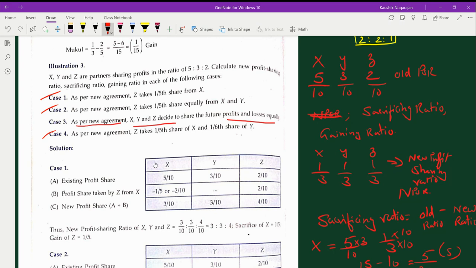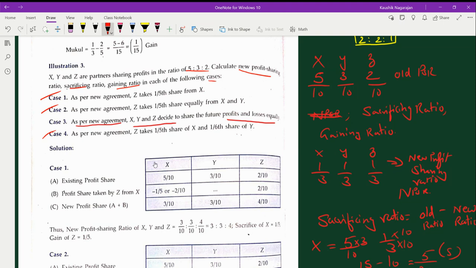There are three partners X, Y, and Z who are sharing the profits in the ratio of 5 is to 3 is to 2. So that means it's going to be 5 by 10, 3 by 10, and 2 by 10, the old profit sharing ratio of the partners X, Y, and Z. They're asking us to calculate the new profit sharing ratio, sacrificing ratio, and the gaining ratio in each of the following cases.